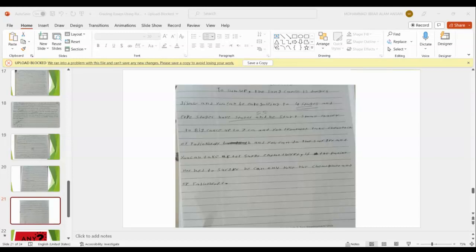Also, ideas are not coherent, which I think Rabia has talked about before. Very incoherent ideas. A massive problem of syntax. Even a variety of sentences is missing.